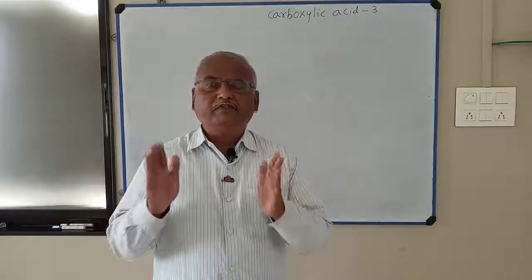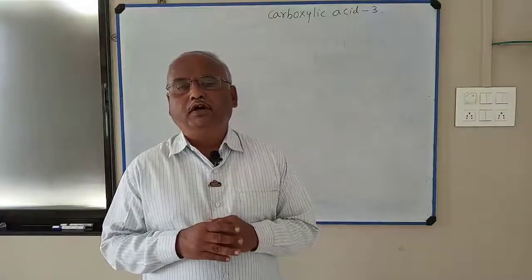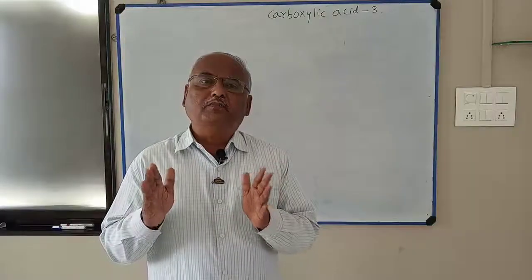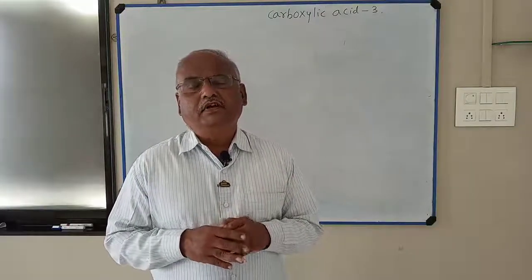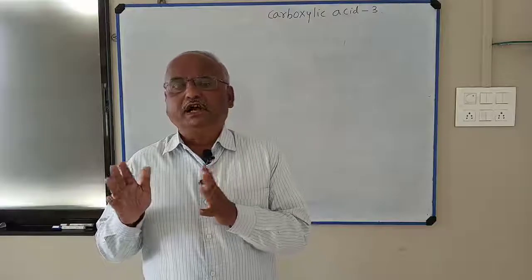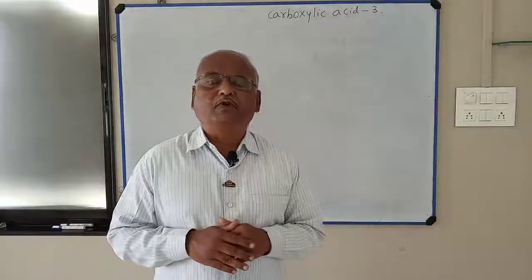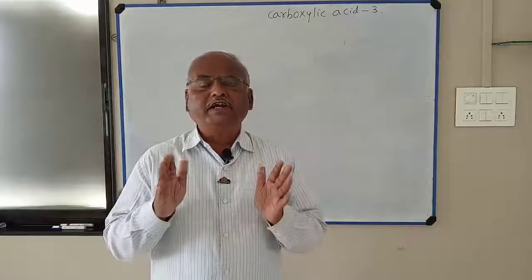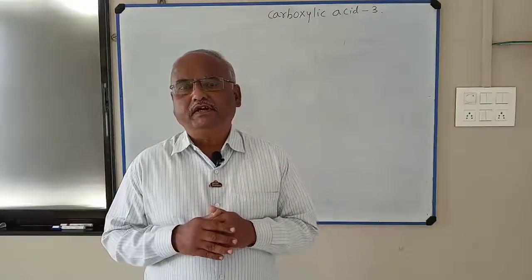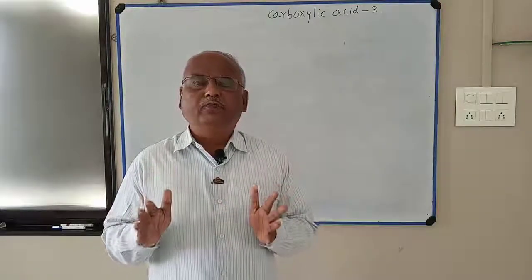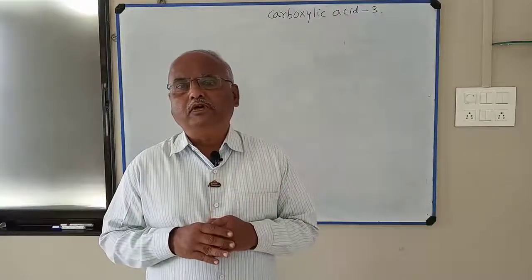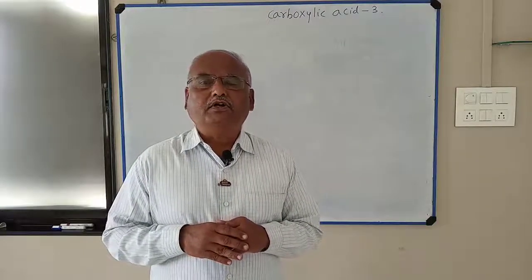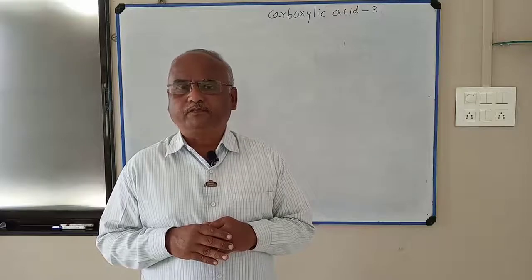So in the first video we saw the definition, classification and nomenclature of carboxylic acid. You know that organic compounds containing a carboxyl group in their molecule are called carboxylic acids.